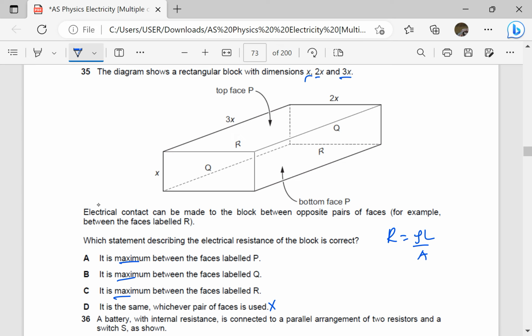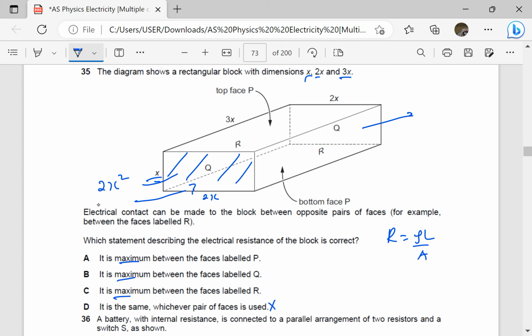The longest length is going to be when the current is entering from this side and emerging from the other side. That's the longest length. And let's check the area. Is it having the smallest area? The area here is going to be x times 2x, which is 2x squared.